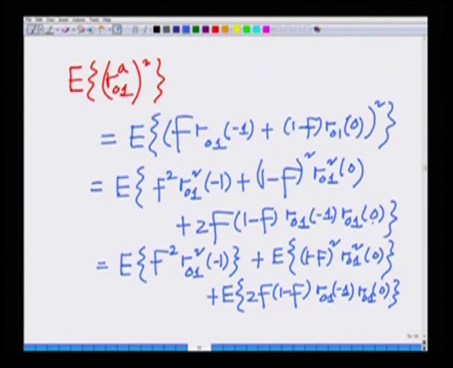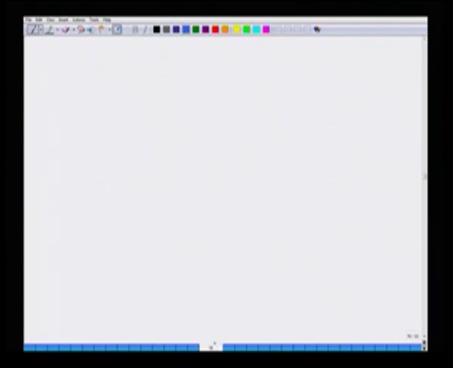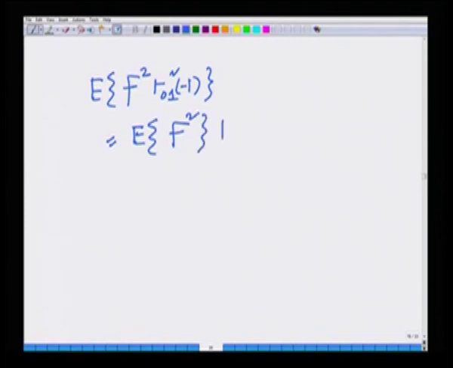Now, I am going to write down or expand each of these components. Expected f square R01 of minus 1 square: we know that f and R01 are independent random variables, hence I can write this as expected f square into expected R01 square of minus 1.